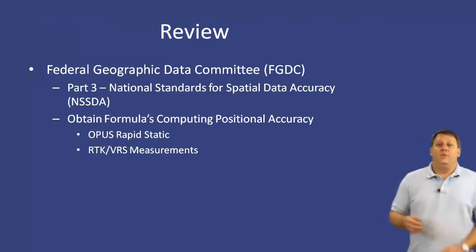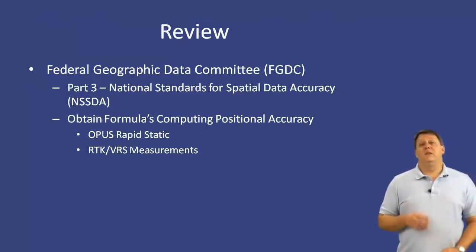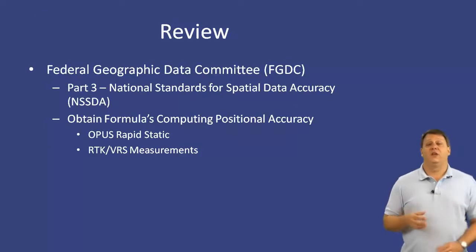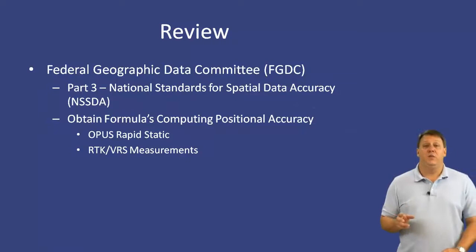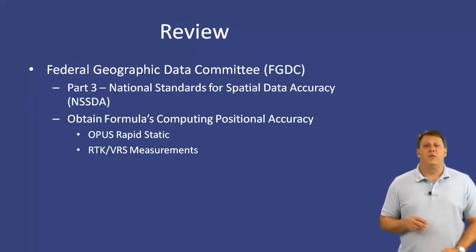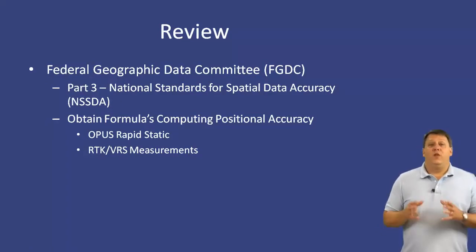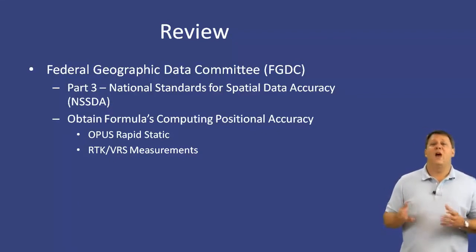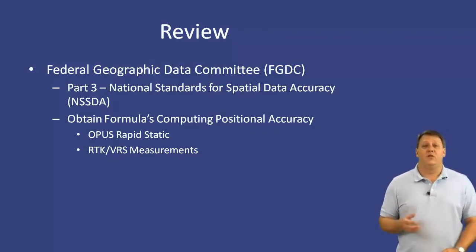To review, the Federal Geographic Data Committee's document, Part 3, the National Standards for Spatial Data Accuracy, is where we get the formulas that are used to compute positional accuracy from OPUS rapid static reports and RTK or VRS measurements. With the formulas out of the way, we can now put them into practical use.